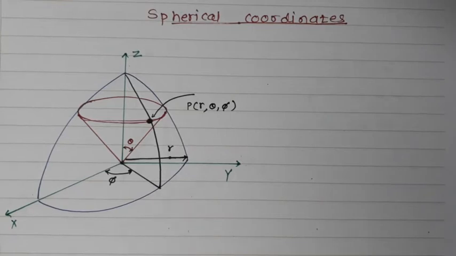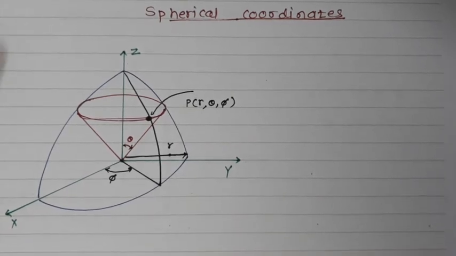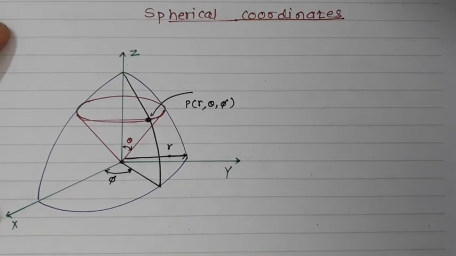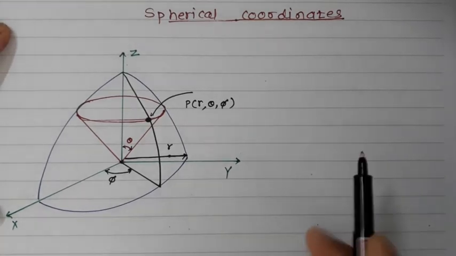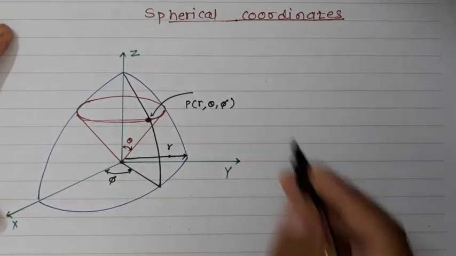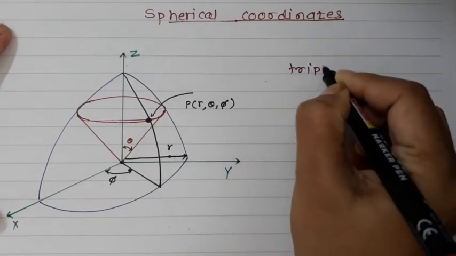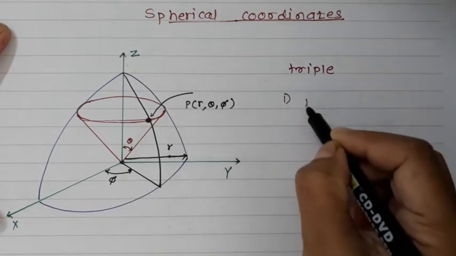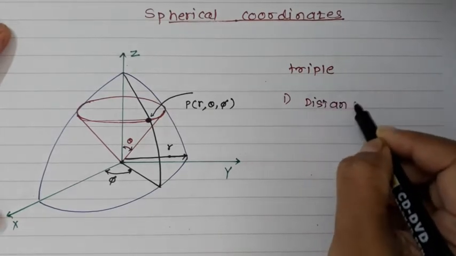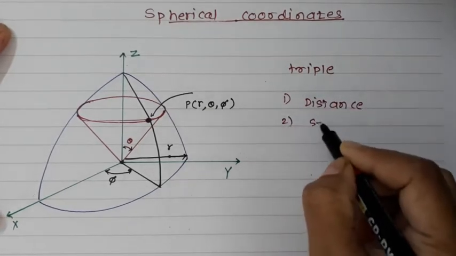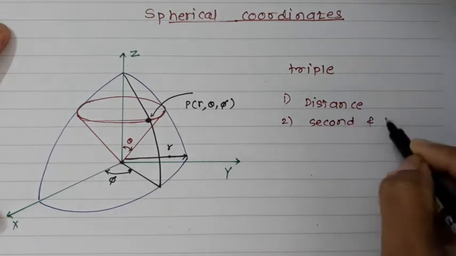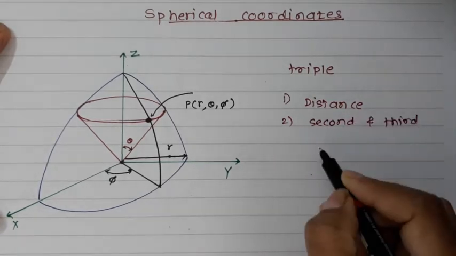When we talk about the spherical coordinate system, each point is represented by an ordered triple. So what is this triple? The first coordinate is a distance, and the second and third coordinates are nothing but angles.